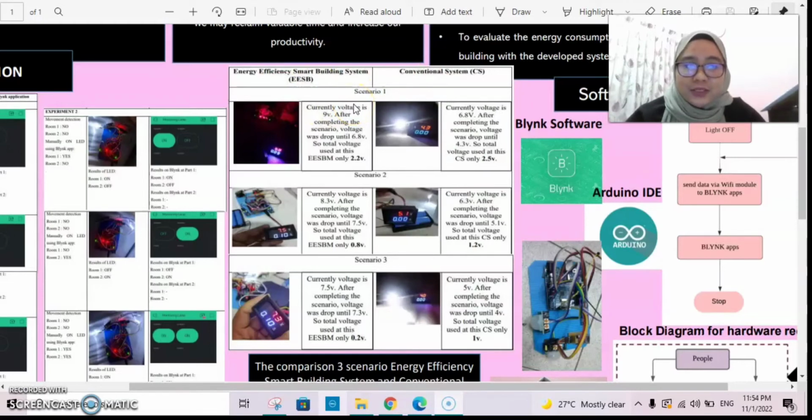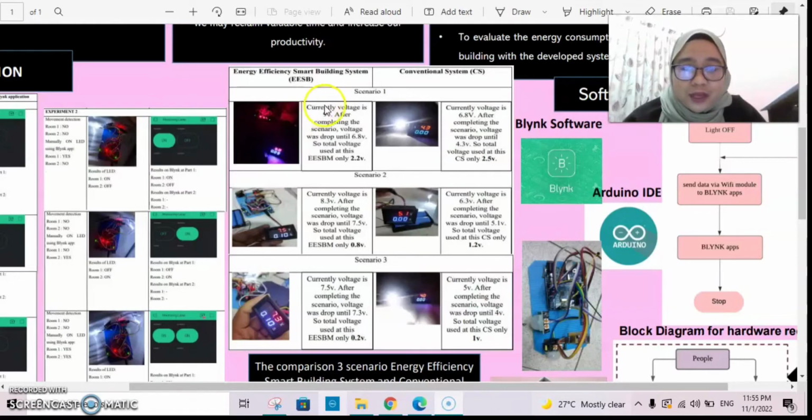For scenario 1, the experiment is conducted for 3 hours, and the user will enter the room every 1 hour interval and stay in the room for 30 minutes. For example, the user will leave the room for a 30 minute duration.